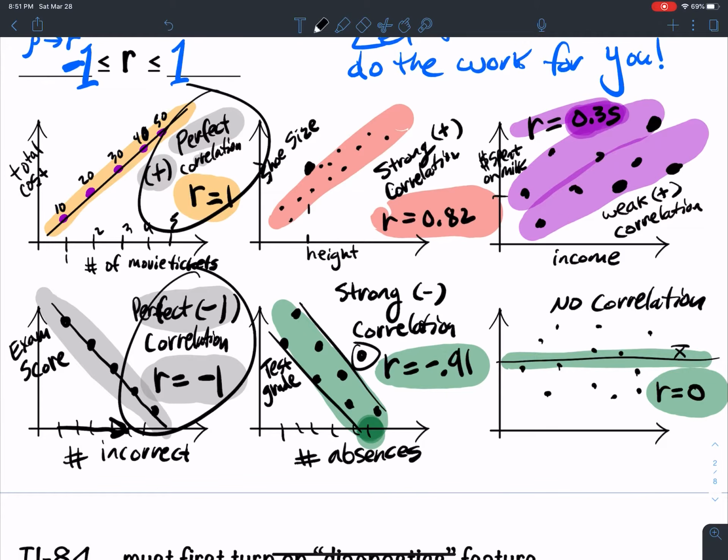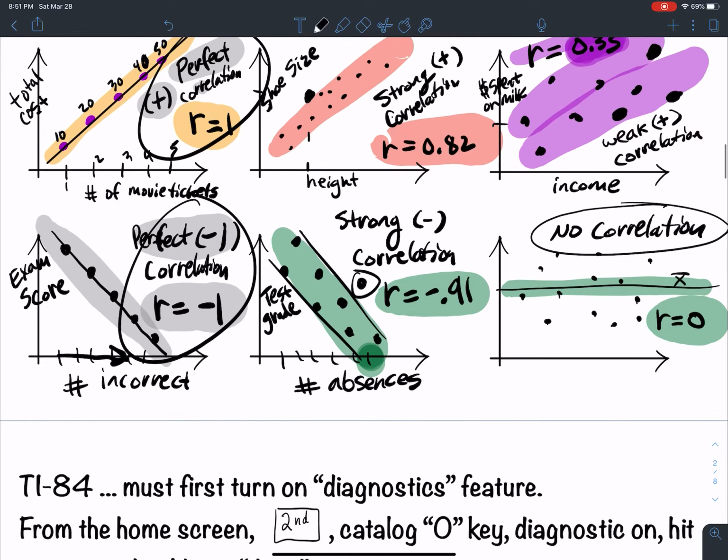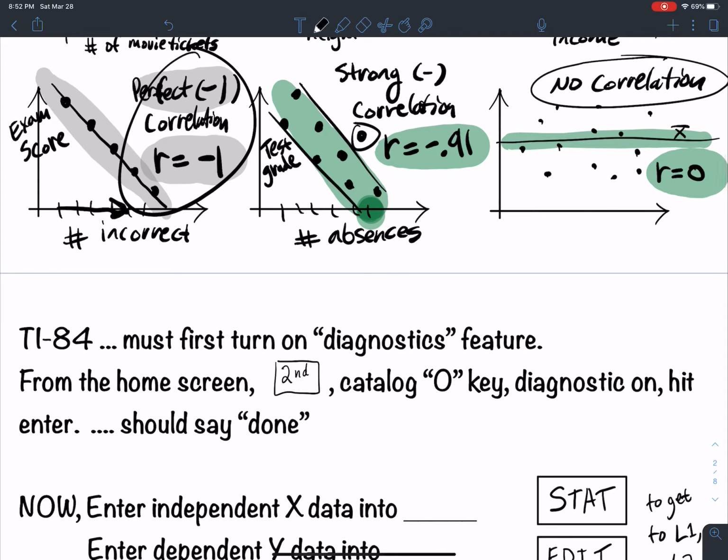So that's something that stock pickers and portfolio managers look for. They look for stocks that are non-correlated with each other. If one goes up, the other one's not going to go up just because that one does, or if one goes down, the other one's not going to go down just because that one does. It's a good thing to think about if you are planning your retirement.